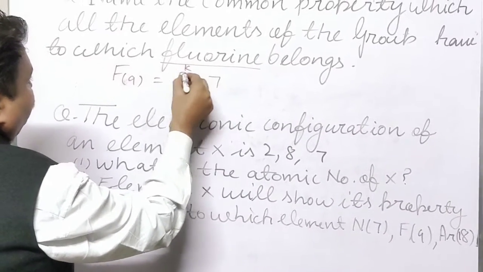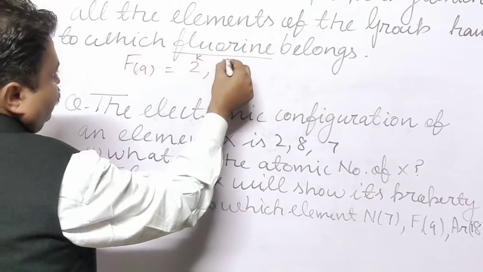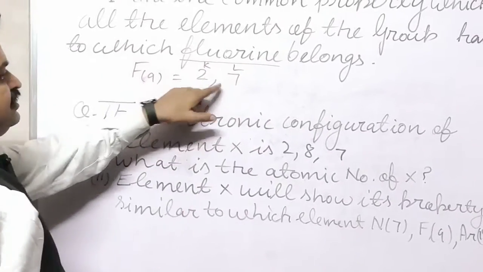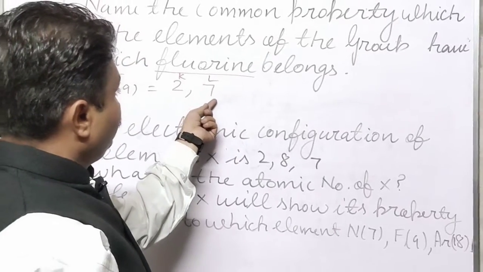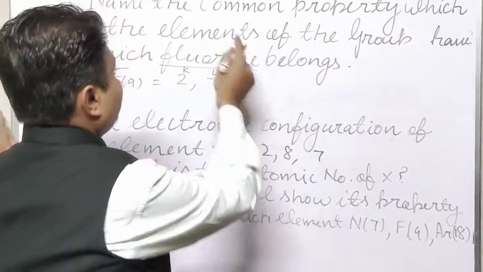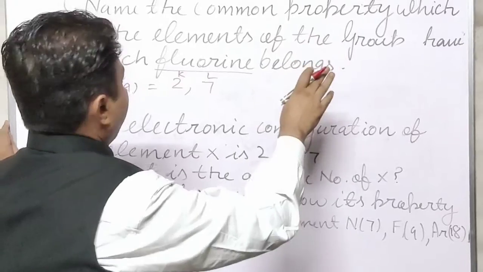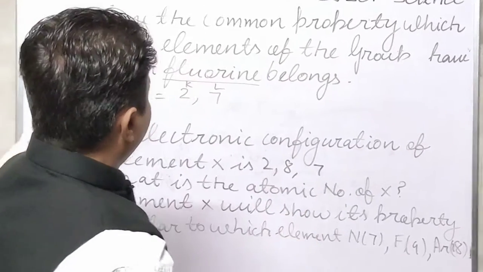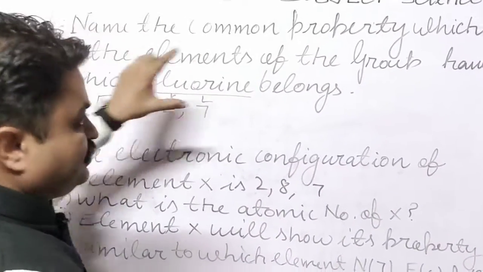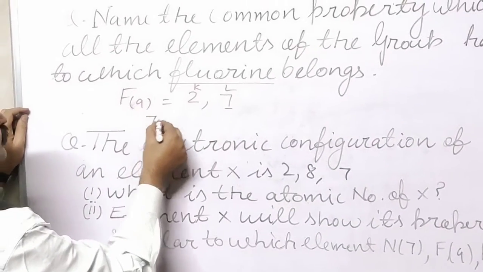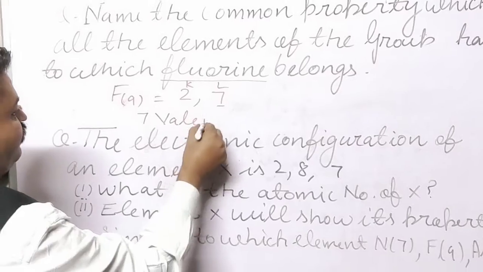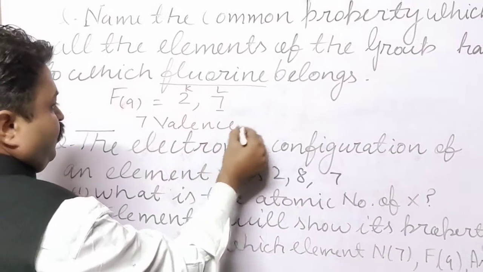In the K shell there are 2 electrons and in the L shell there are 7 electrons. With the help of this you can tell the common property the elements have. It is 7 valence electrons. So we will write 7 valence electrons.